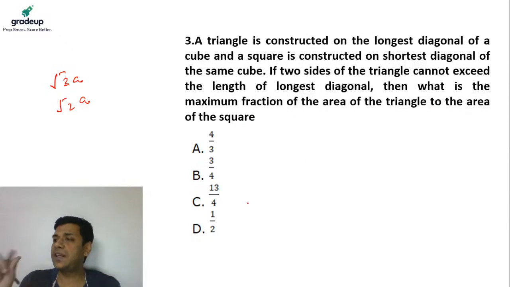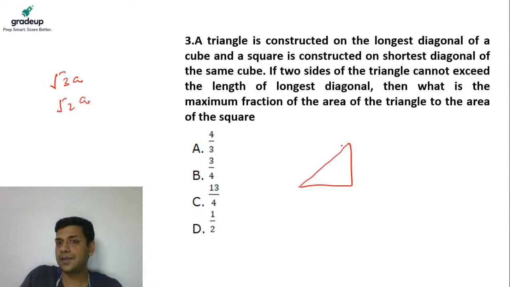Now if two sides are given to me, the maximum possible length of the two sides, can I say this triangle has to be a right angle triangle with one side as root 3a, one side as root 3a? And what will be the area of the triangle?